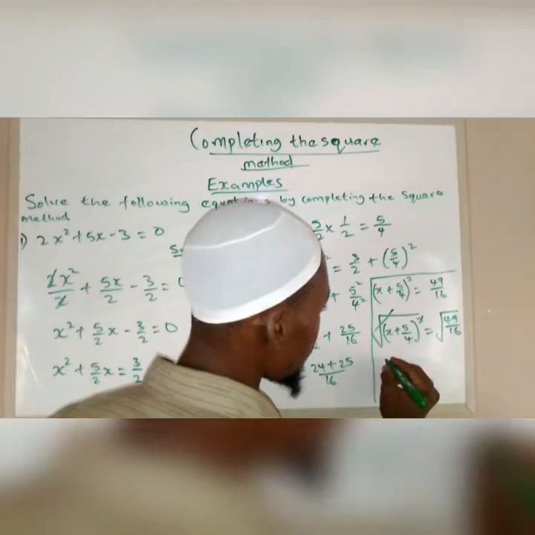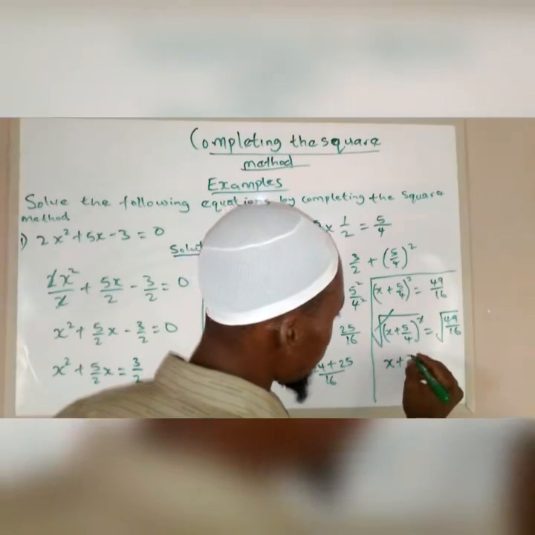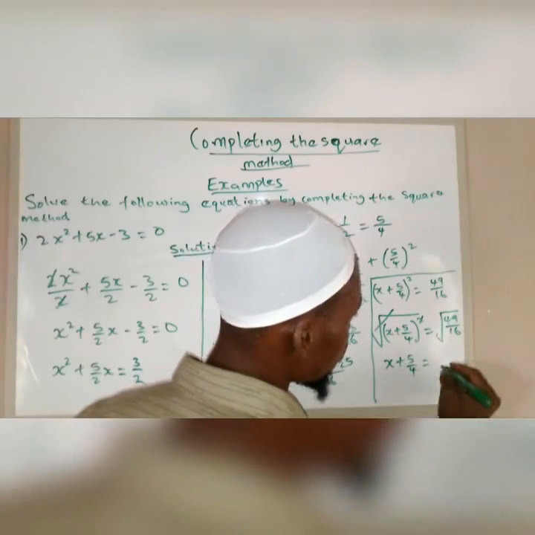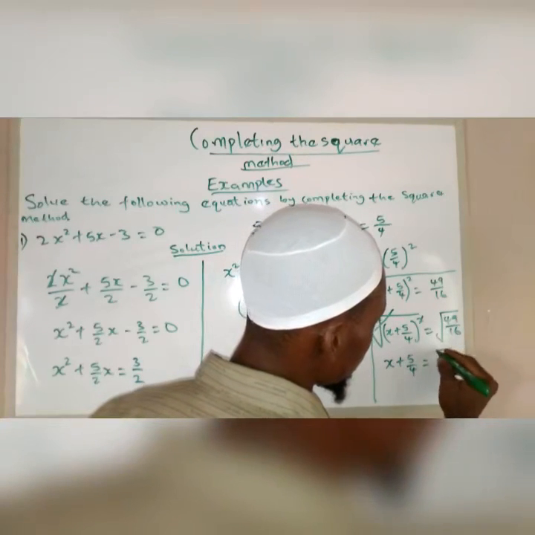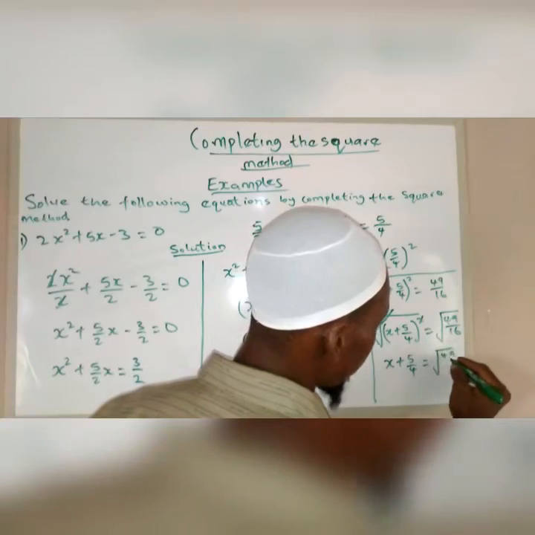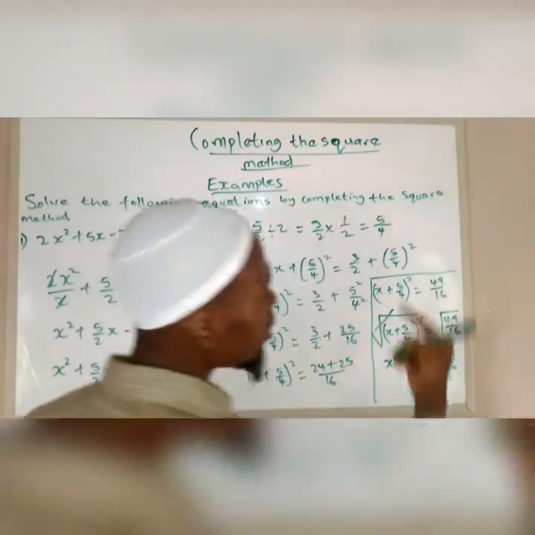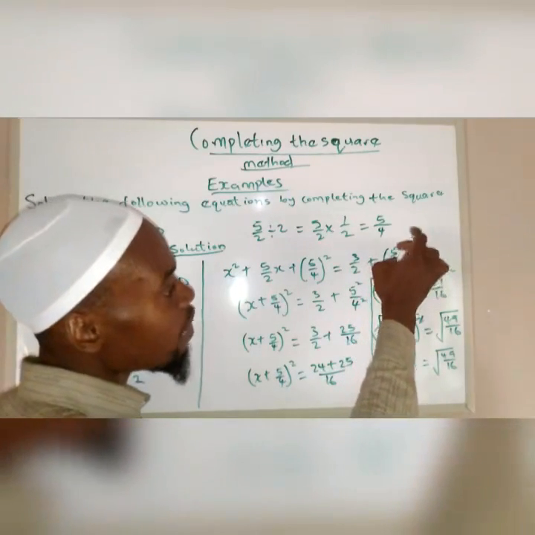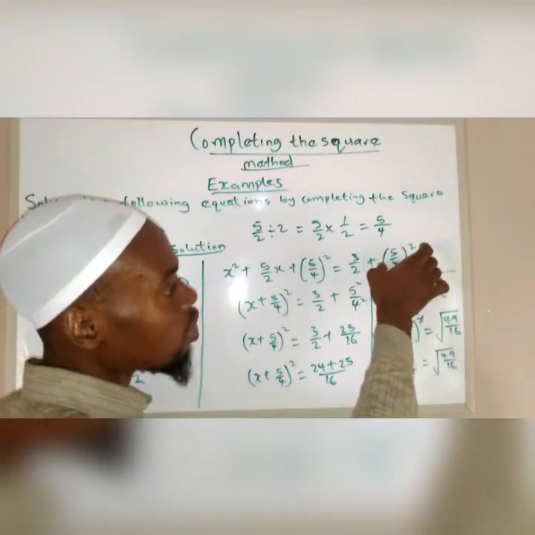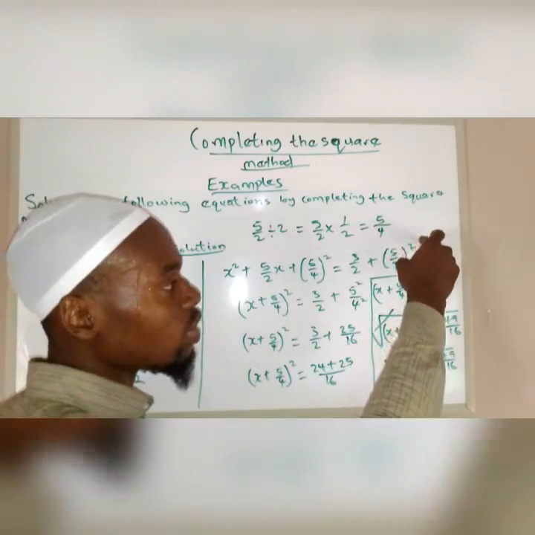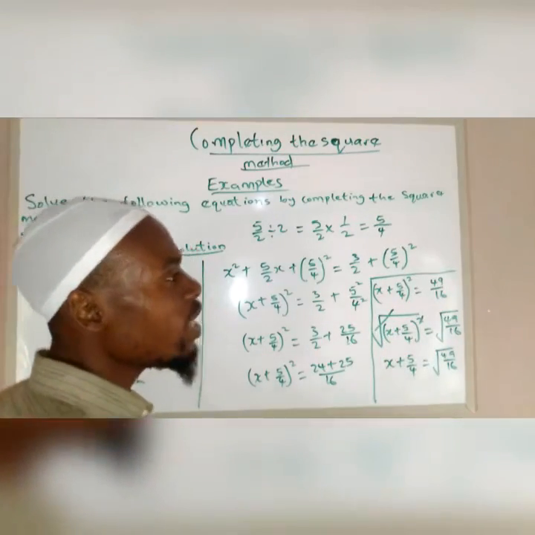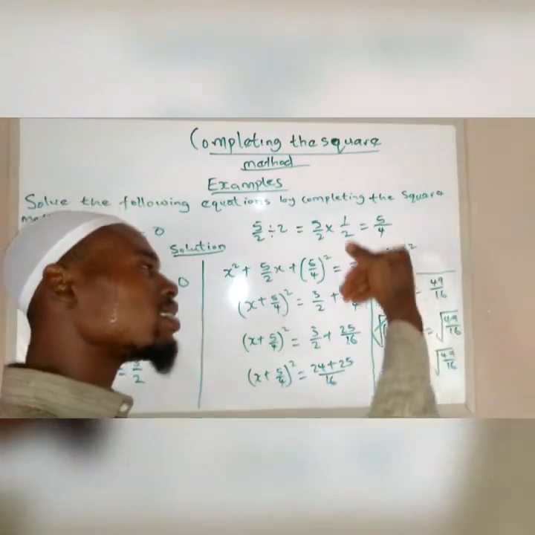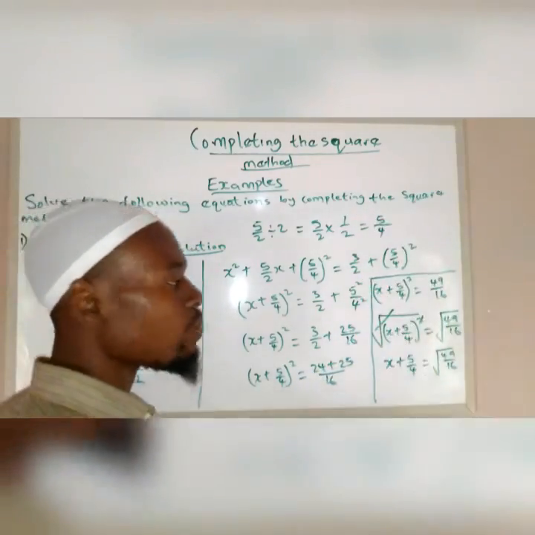Then we will be left with x plus 5 over 4 to be equal to what? Square root of 49 over 16. Just like we have done here, when we have 5 over 4 all in brackets raised to power 2, that is, we raise it to the power of 2, it is the same thing as raising the numerator to the power of 2 and at the same time raising the denominator to the power of 2.